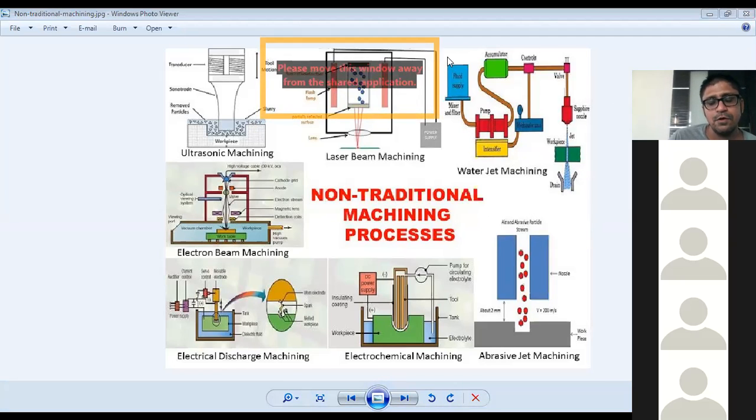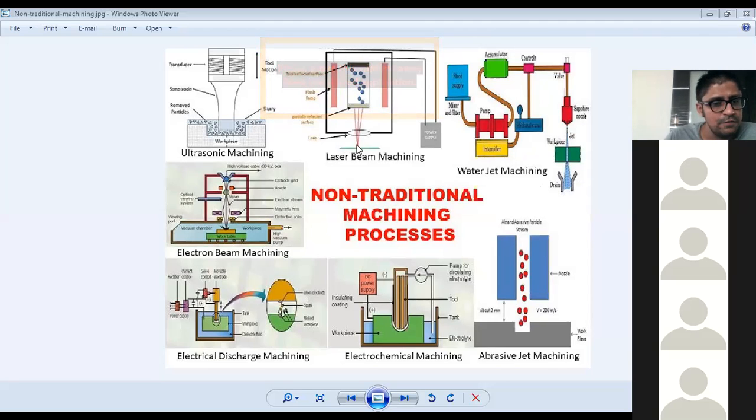For some materials and applications, whatever manufacturing process you conduct, you want to make sure there is no heat generation, not even a 10 degrees Celsius temperature rise. In that case, this is the best method.